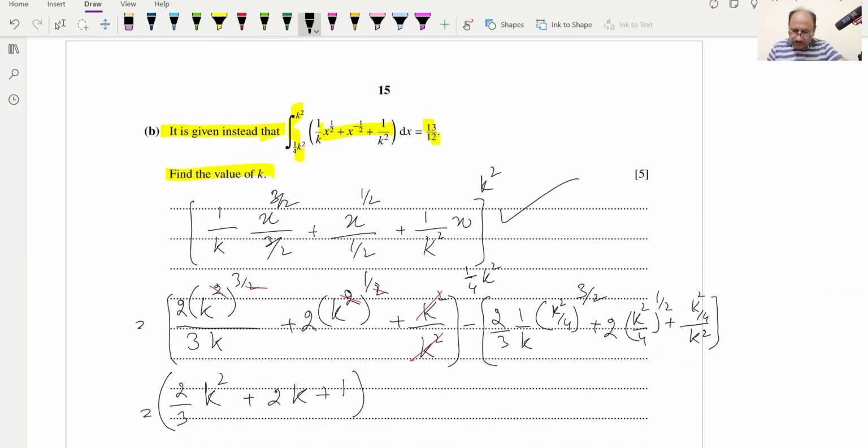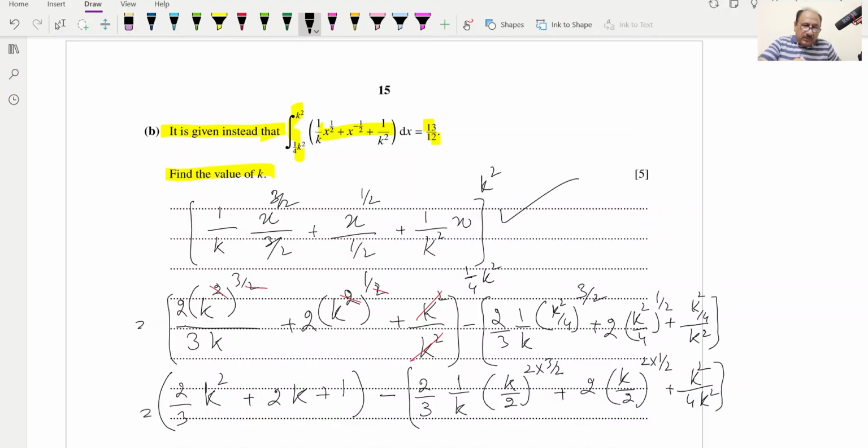This will be our first term, and the second term we can also rewrite as 2 over 3, and this will be k squared, we can write 1 over k, and this will be k over 2 squared into 3 by 2, plus 2 into k over 2 squared whole into 1 by 2, and plus k squared over 4k squared. So I will put brackets over here, and now we can cancel.